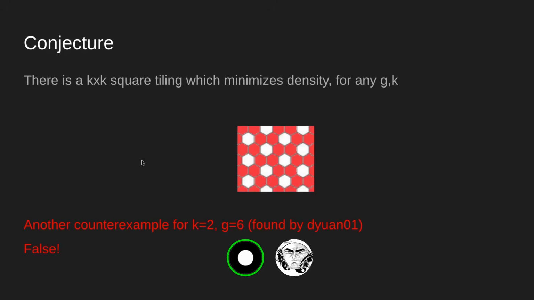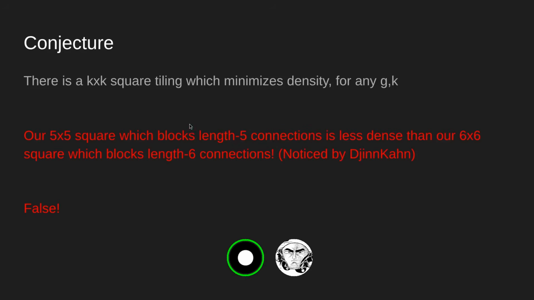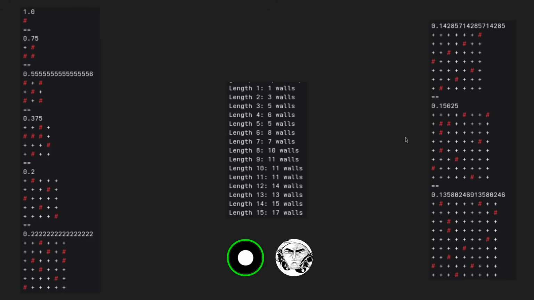For lengths greater than 8, shouldn't there be at least 2 walls per line? For what K and what graph type or what grid type? For lengths greater than 8. Are we talking about this? For lengths greater than 8, shouldn't there be at least 2 walls per line?